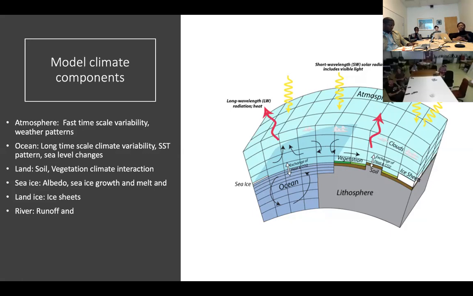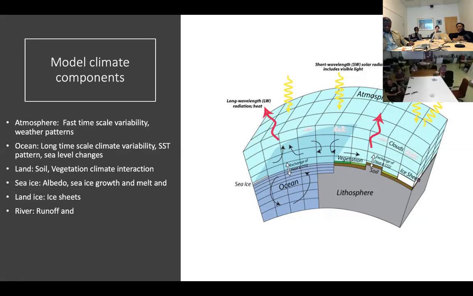Whereas in the ocean, you have longer time scale patterns, which can even span the whole globe. Because of the very large heat capacity of the ocean, ocean circulation can integrate the noise from the atmosphere over longer time scales. Also, recently we worry about sea level rise because of global warming, and the ocean also influences that.